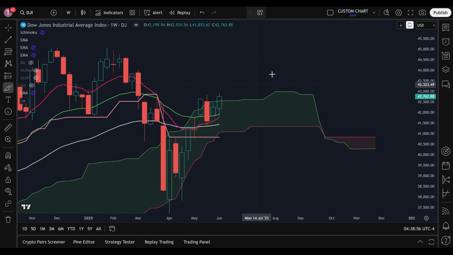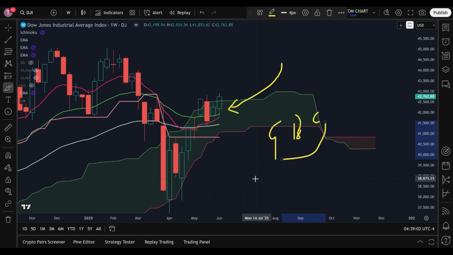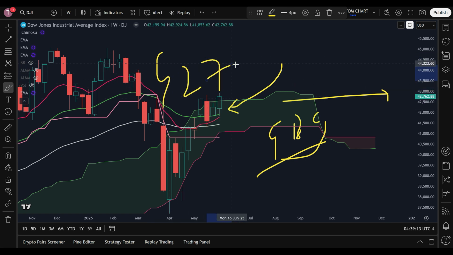Okay. Now if you notice, the last weekly candle of the Dow Jones is a good bullish candle, but there is no defined shape of the candle. Okay. However, the most important part is that the Dow Jones has closed above my strong resistance level, that was 42.7xx.